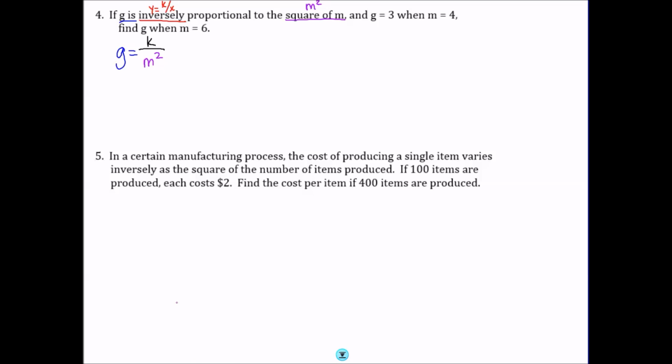Then read to the next comma. G equals 3 when m equals 4. So we can plug that in. And we need to solve for k. So 4 squared is 16.